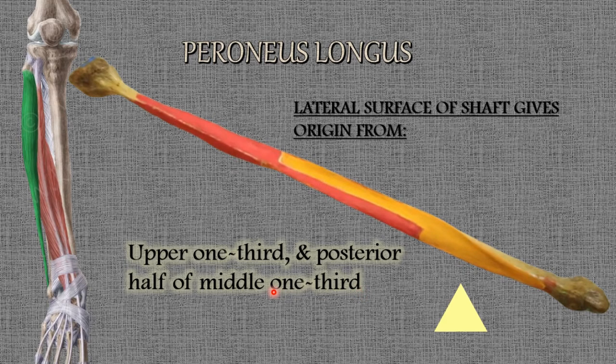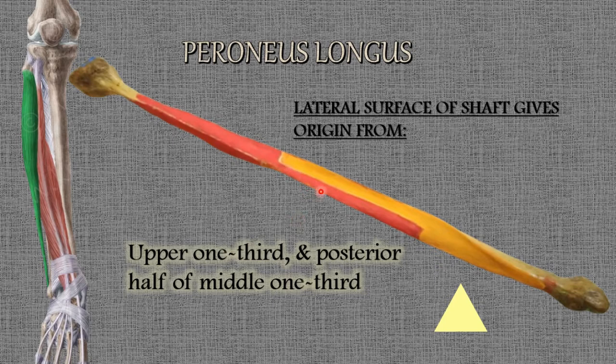If we can see, this is the upper 1/3, this is the middle 1/3, and this is the lower 1/3, right? So the upper 1/3, highlighted in red, is the lateral surface which is slightly twisted backward in its lower part, and this is the upper 1/3 and posterior half of the middle 1/3.